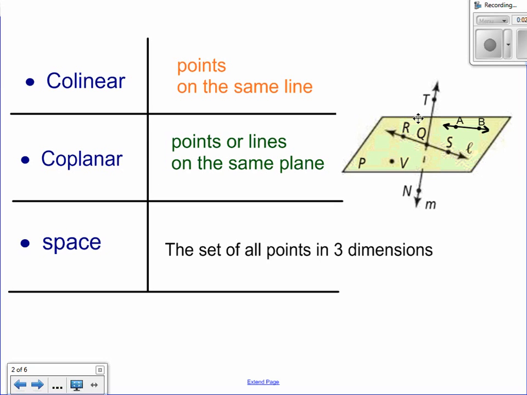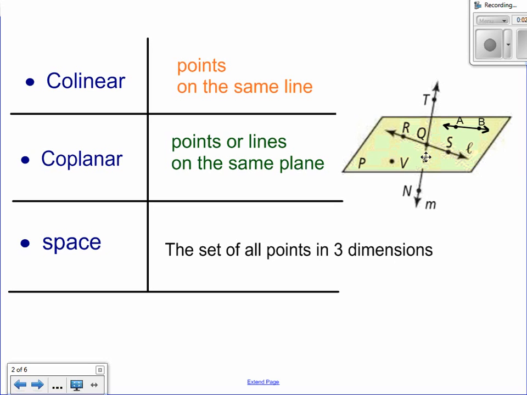Like, for instance, we're going to talk about plane P. Points V, R, Q, and S all appear to be coplanar. Points R, Q, S are collinear on the same line. Points T and Q and N are collinear on the same line, that line that seems to go right through the plane.